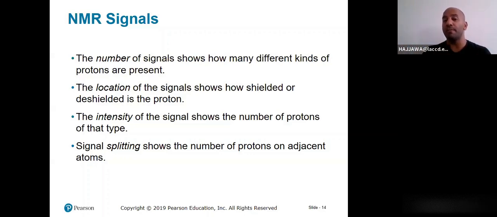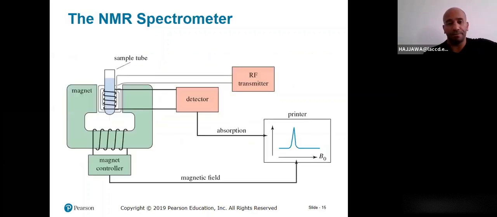That's the rule called N plus 1, where N is the number of non-equivalent hydrogens on adjacent carbons. I'm going to say this once again when I get to the signal splitting details. So these are the 4 things that we usually extract out of any NMR spectrum, whether it's proton, carbon, or other spectrum types. But most of the time, you're going to see me talking about proton NMR spectra here.